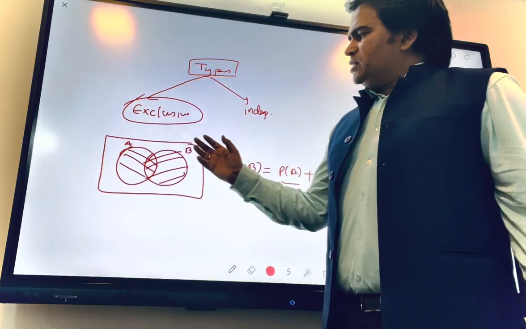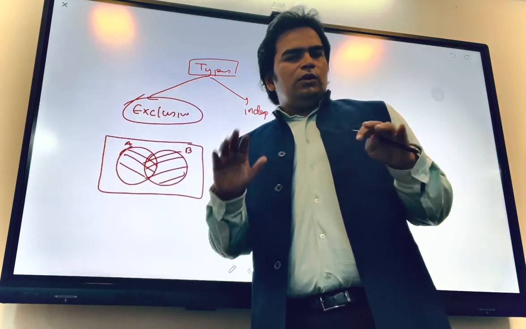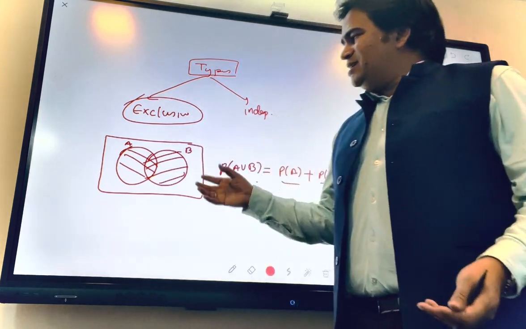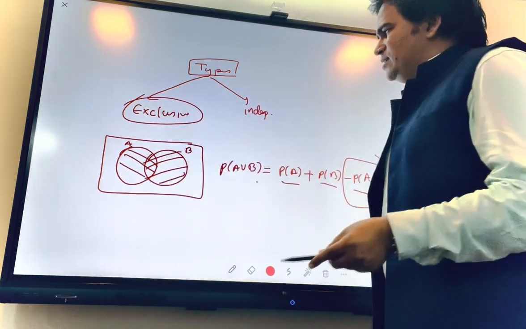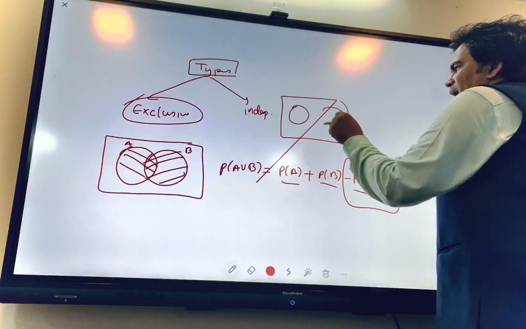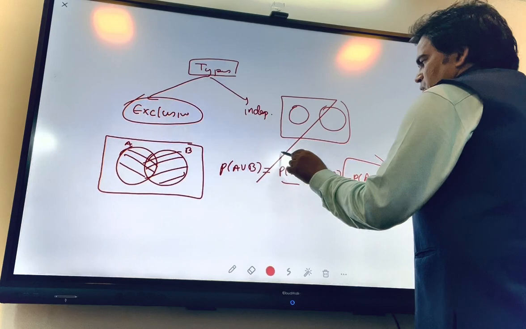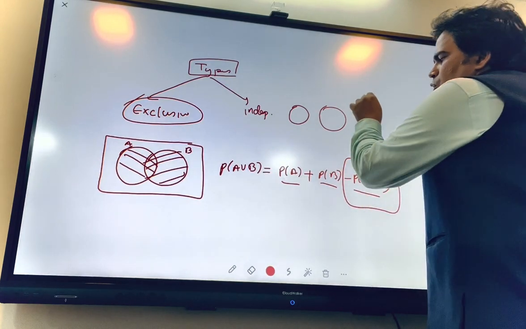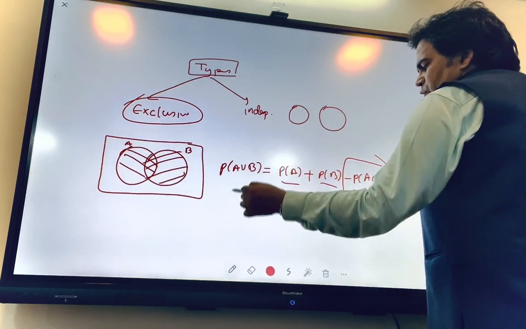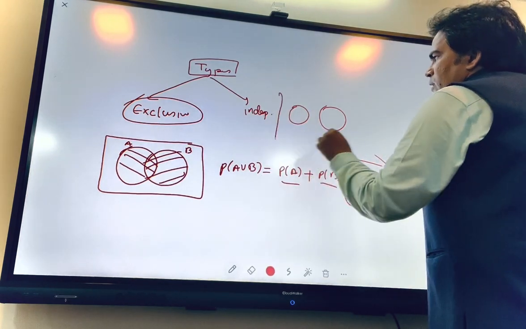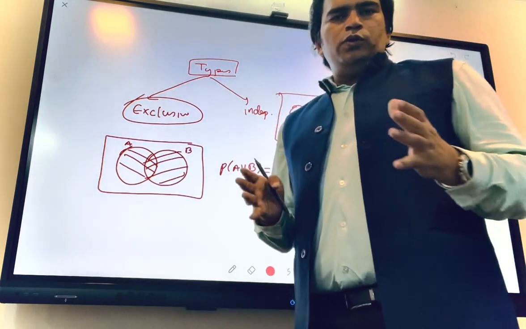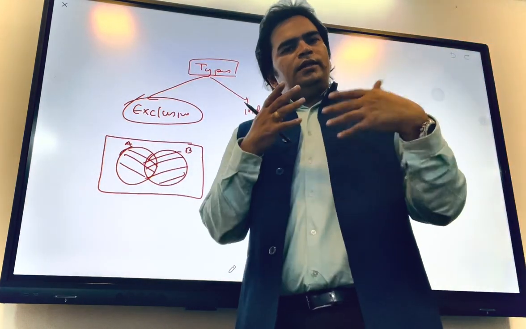A student can't take both courses. So if 2 sets are disjoint, like what I've shown here, they are referred to as exclusive sets. If there is no overlap, meaning the 2 courses cannot be taken together, then it's exclusive.